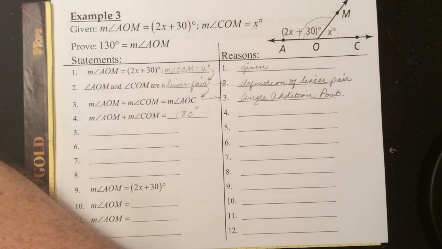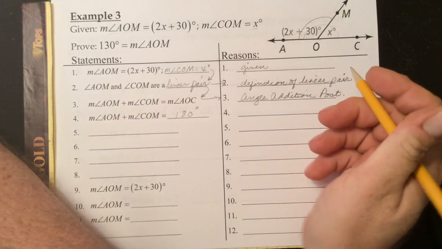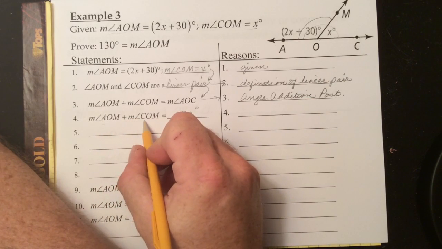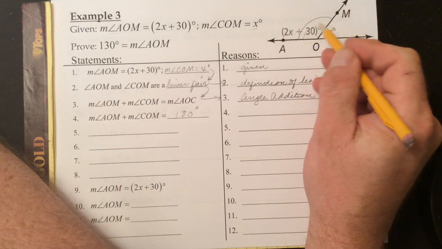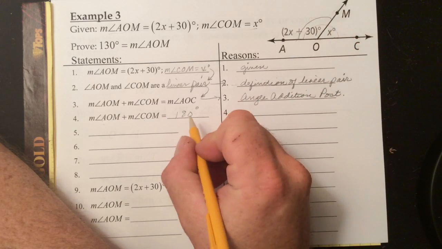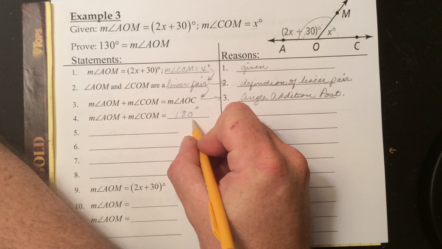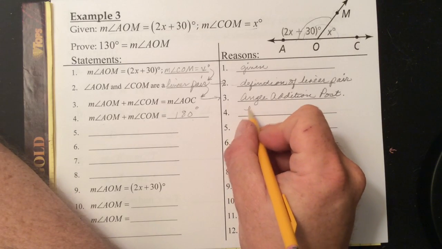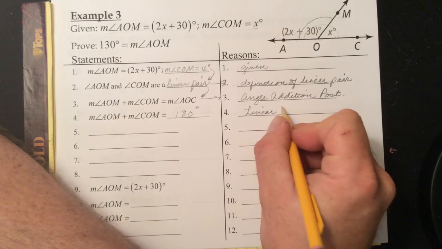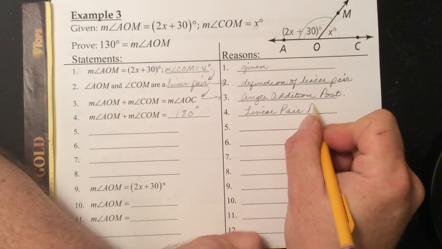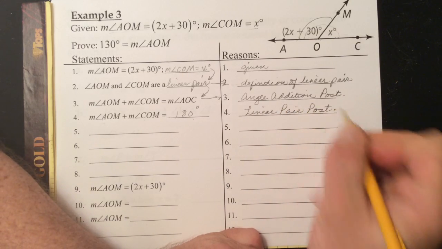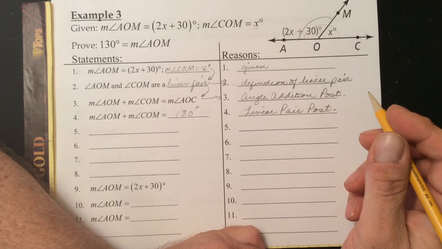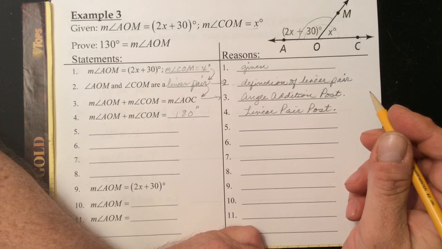So you would think that would be the definition of straight angle, but it's not, because it's talking about two angles added together that are adjacent and form a line is 180 degrees. Where does that come from? That comes from a postulate we learned. The linear pair postulate. It says that if two angles are a linear pair, then the sum of their measures is 180 degrees.